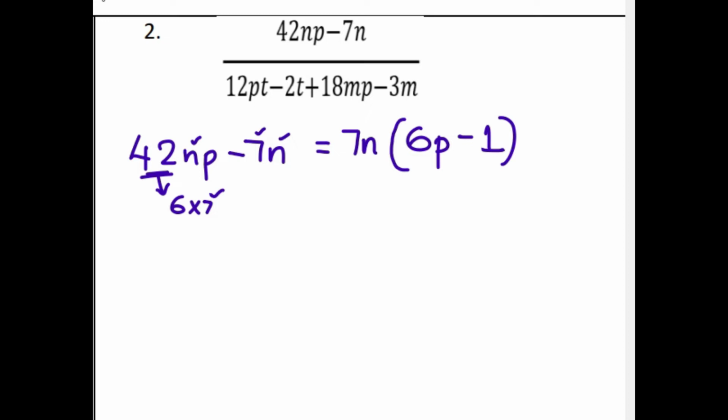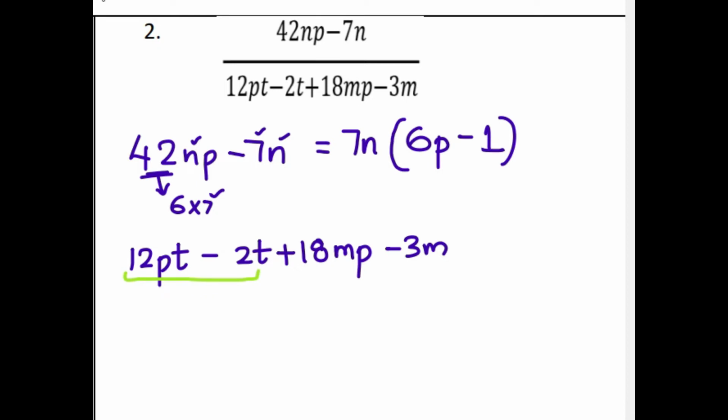Coming down to the denominator, you have 4 terms, which is 12pt minus 2t plus 18mp minus 3n. As you have learned earlier, whenever you have 4 terms coming in, you can just group them and try to find the common factor, or try to factorize them.